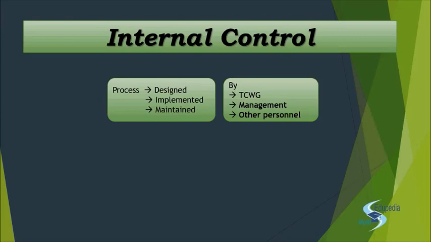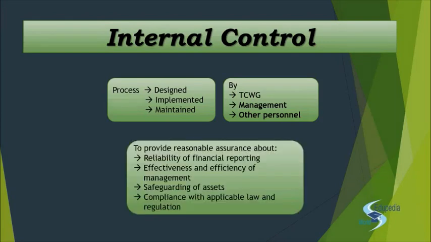And why is this process basically designed, implemented and maintained? So as to provide a reasonable assurance, right, that certain objectives of the entity for which these controls are being formulated are being met. Now what are the kinds of objectives for which internal controls can be formulated? They could be formulated to provide reasonable assurance about reliability of financial reporting.